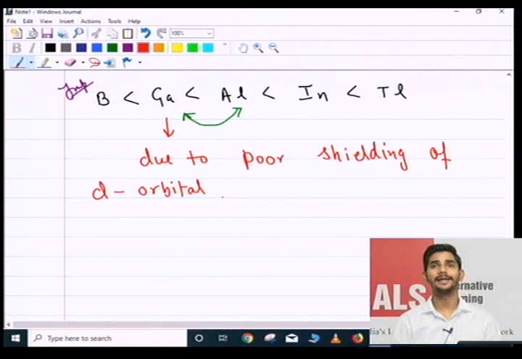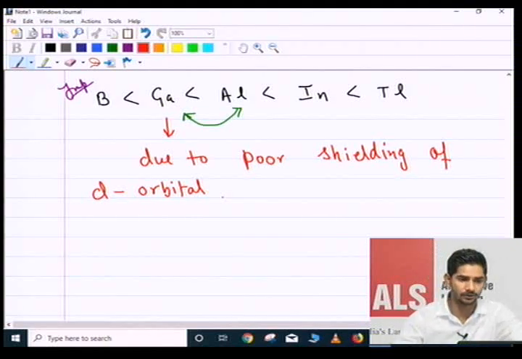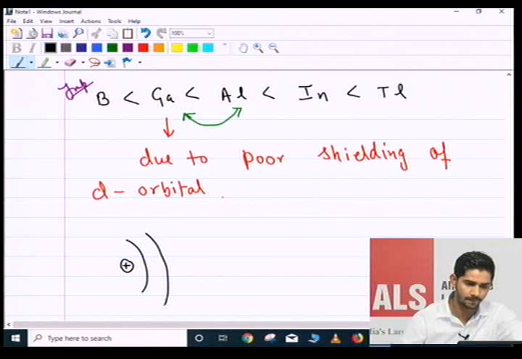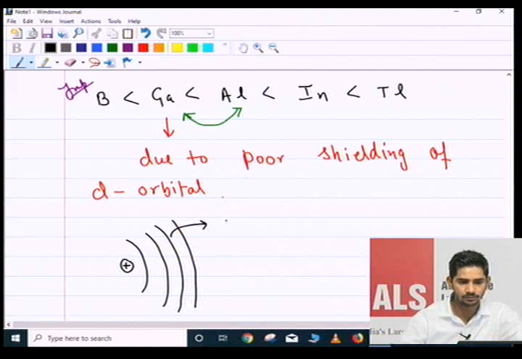So guys, in the gallium, just before it, d orbital is included over there, due to which there is inner d orbital electrons. See, let me make some more clarification on this one. Suppose this is your 3d and this is your 4s.